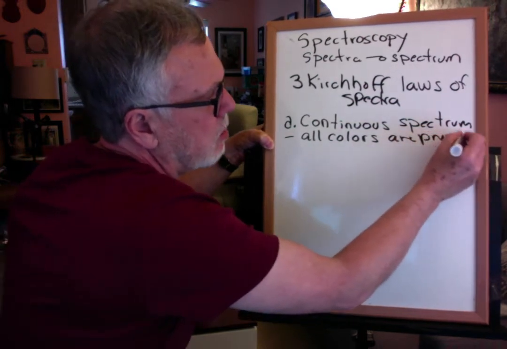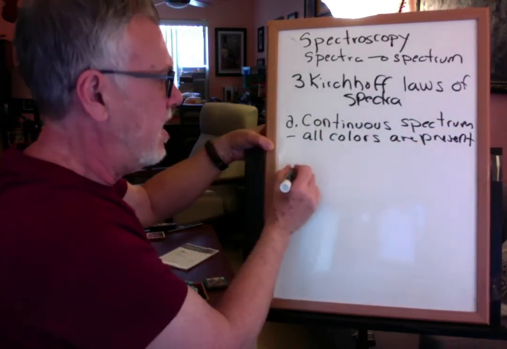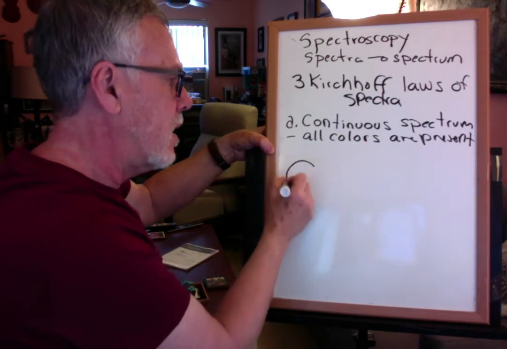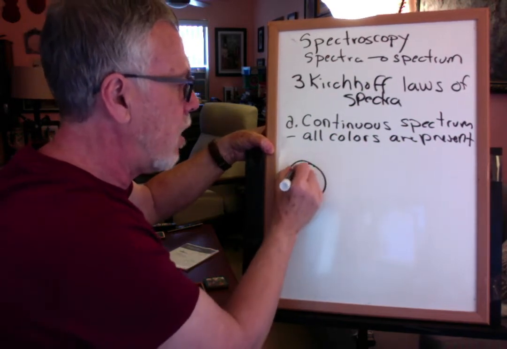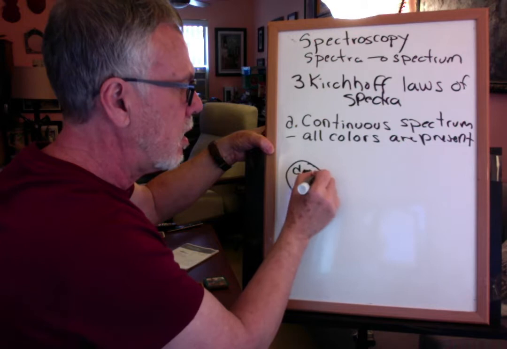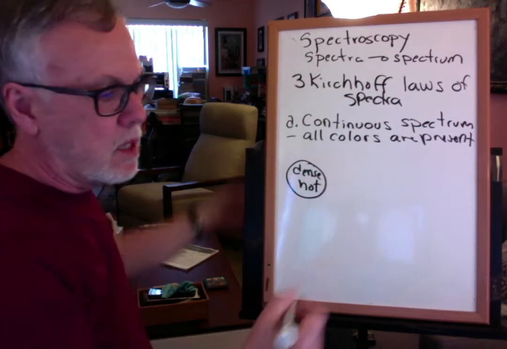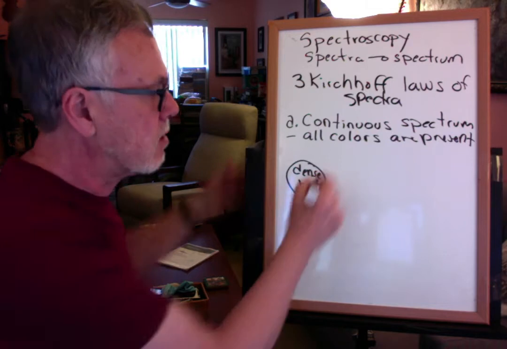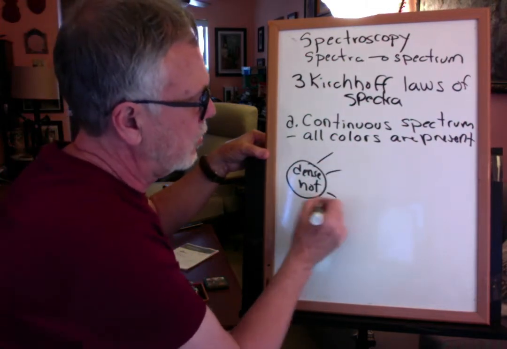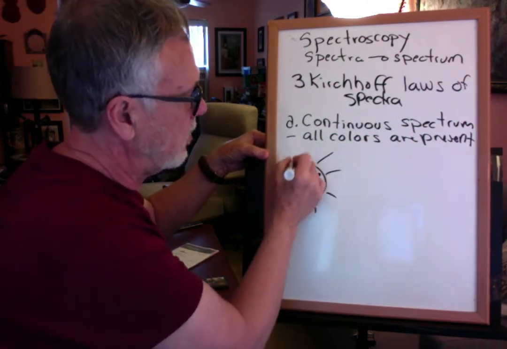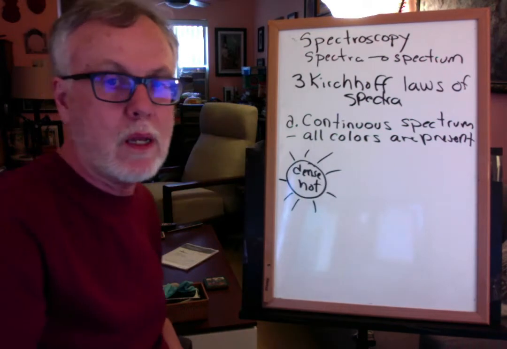And generally what we find is that we have a very dense, hard object, and it's very hot, and because it's hot, it glows with many different colors. So it glows with light, and if you see it, it generally looks like white light.